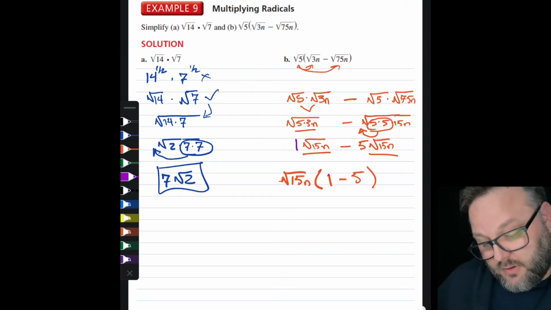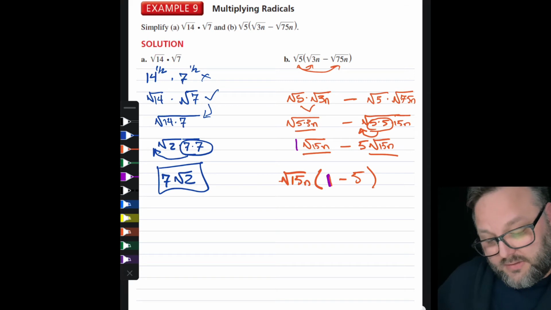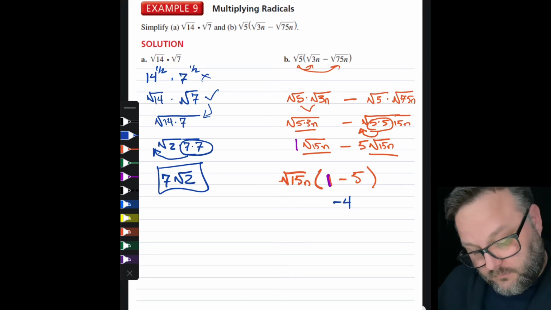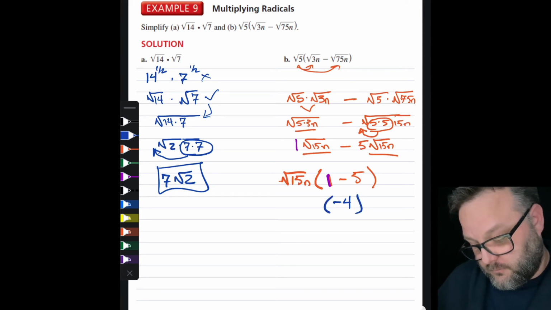That's where this 1 came from. And 1 minus 5 is negative 4. There we go.